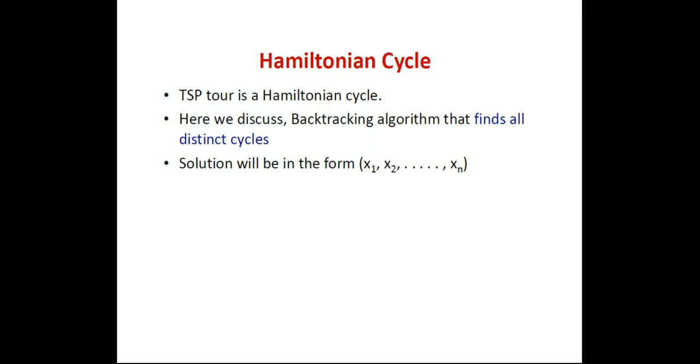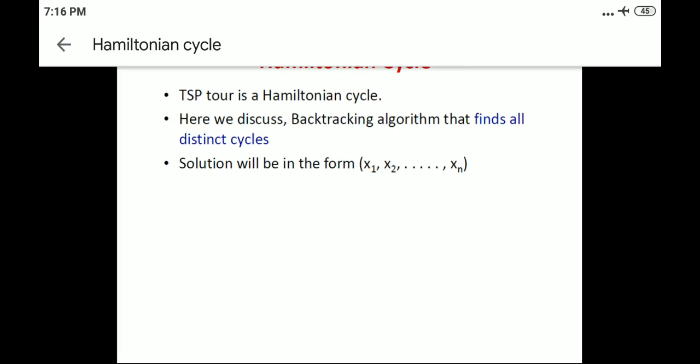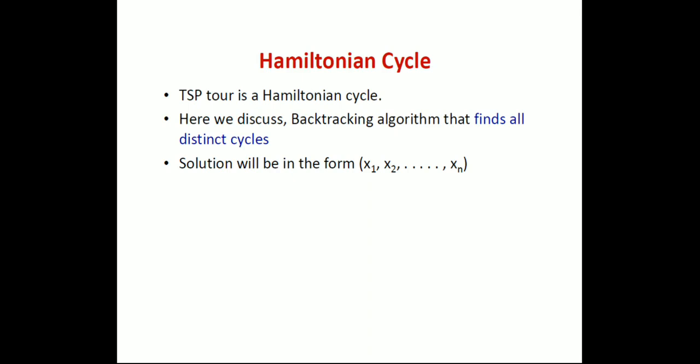That is, the first and the last vertex in the Hamiltonian cycle would be the same. The traveling salesperson problem is also an example of finding a Hamiltonian cycle.